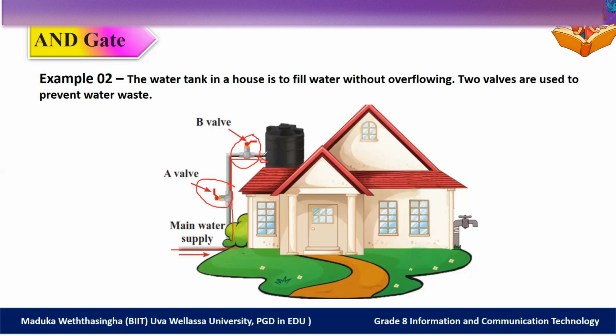Here you can see 2 valves, valve A and valve B. Now tell me, if I close valve A and if I open valve B, does the water flow and fill the tank?